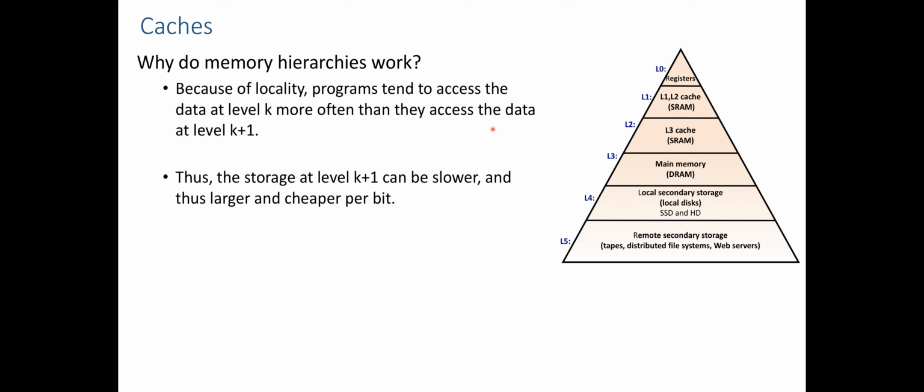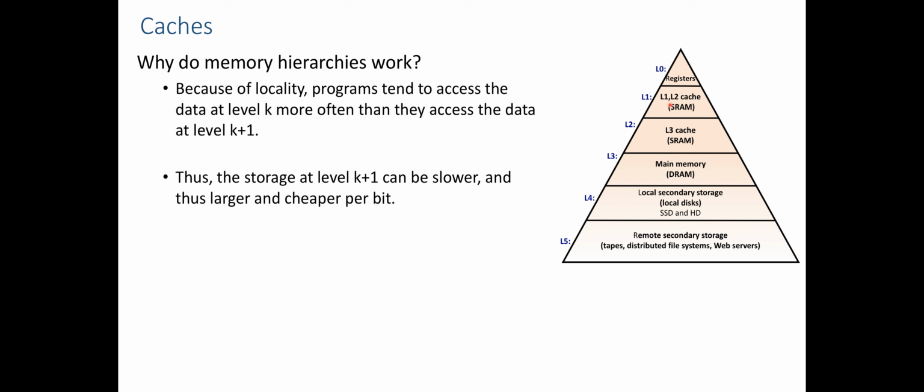This means that the storage at some lower level can be slower, because once it's moved up to an upper level, the machine is able to access it there much more quickly.